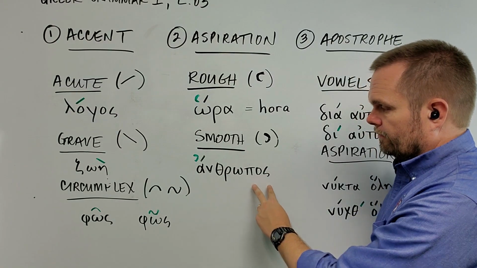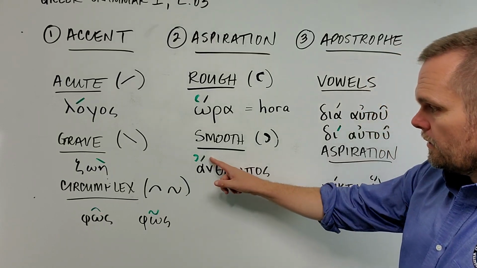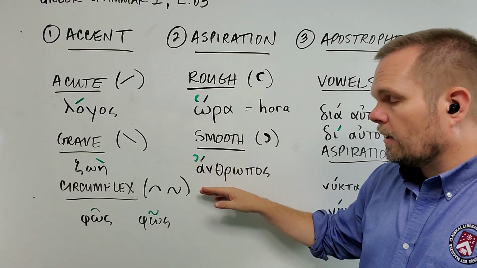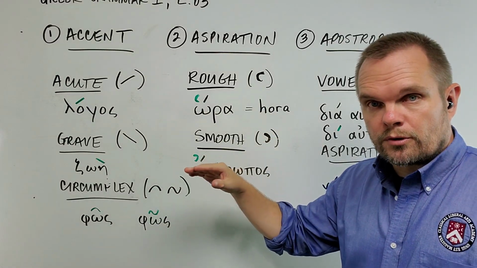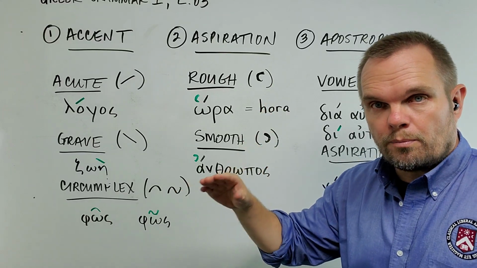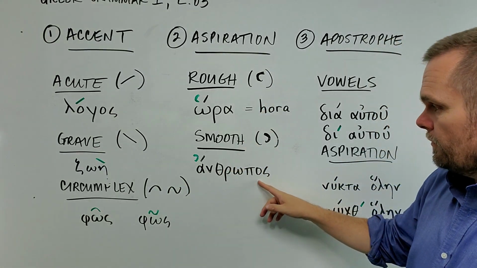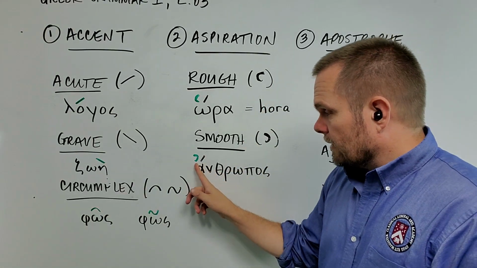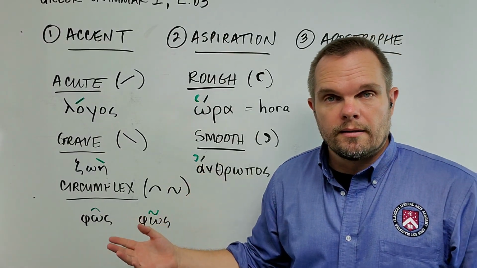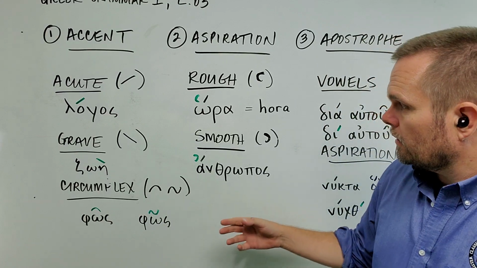Anthropos. Now if we add this acute accent, we'll have anthropos. And then we see that there's smooth breathing, so there's no need to add any aspiration.